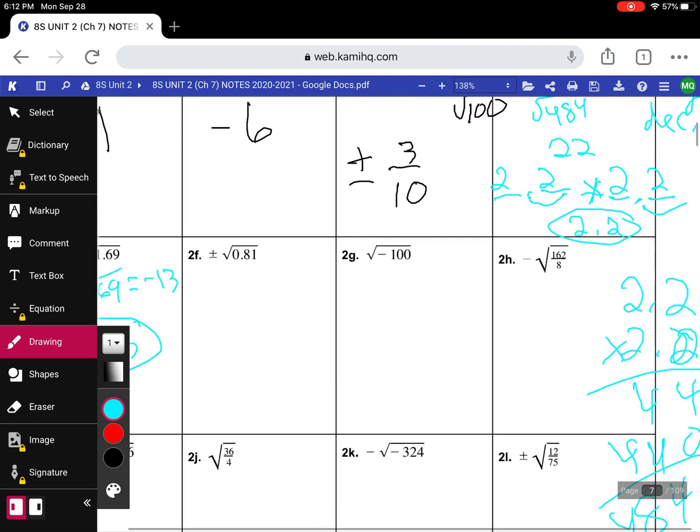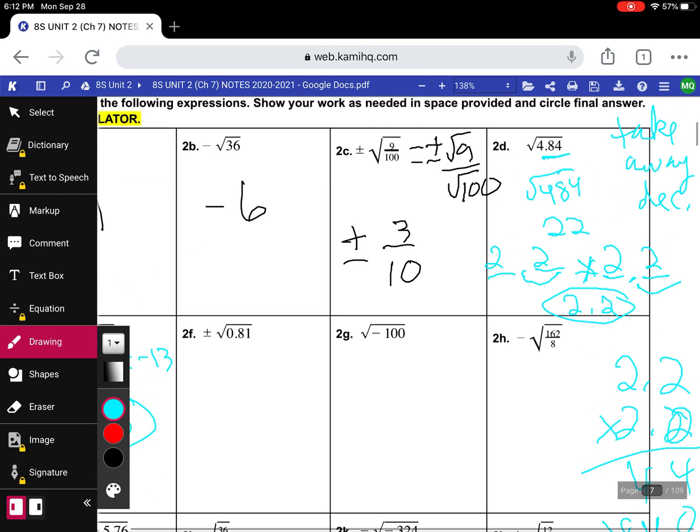Now, there's a big difference between something that looks like this with a negative on the outside and something like this that has a negative on the inside. When you have a negative under a square root, there's no real solution.